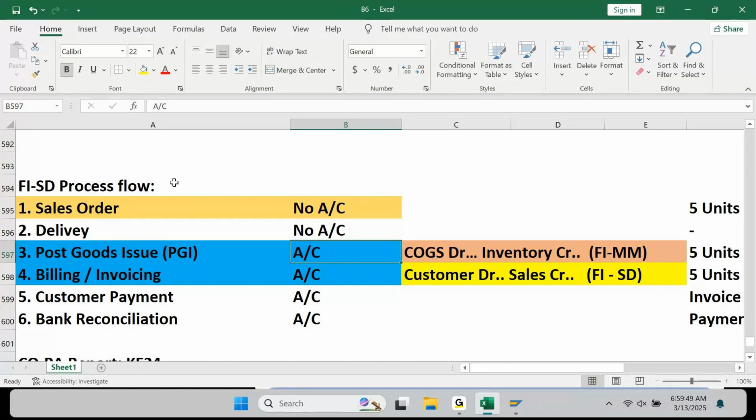Within that, the accounting entry coming from SD integration is only from billing. Your PGI, even though it is part of your sale, the accounting entry is not coming from SD integration setting. It is coming from MM integration setting. Am I right? Yes, sir.